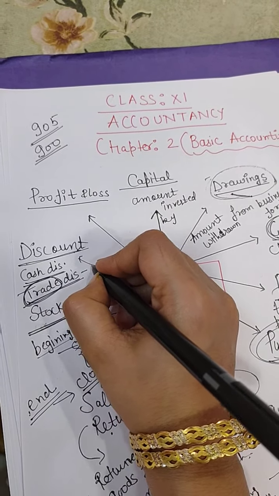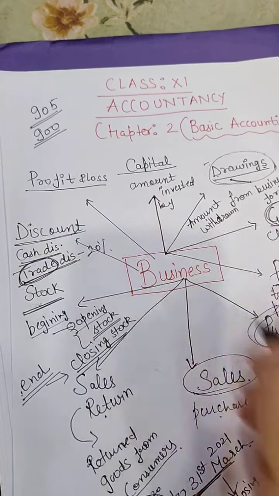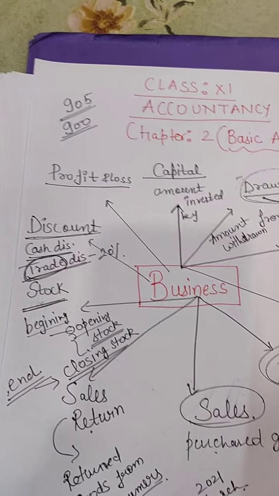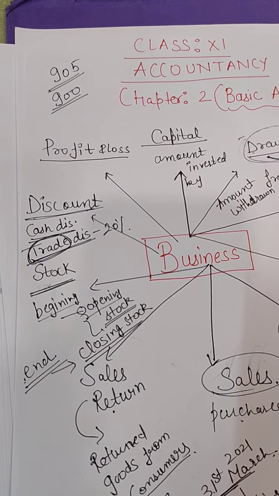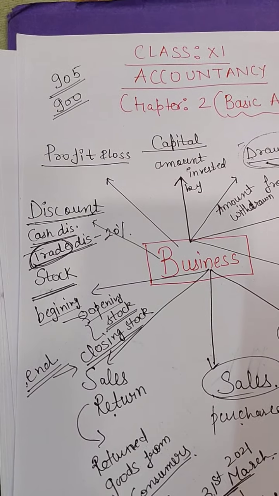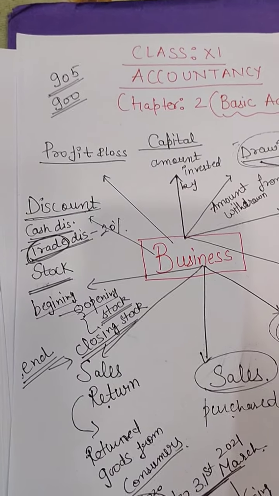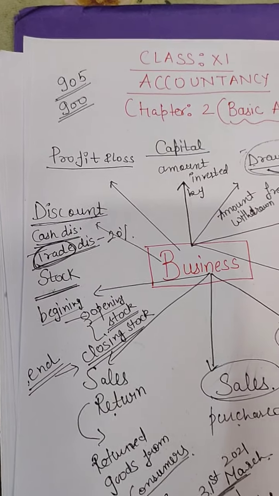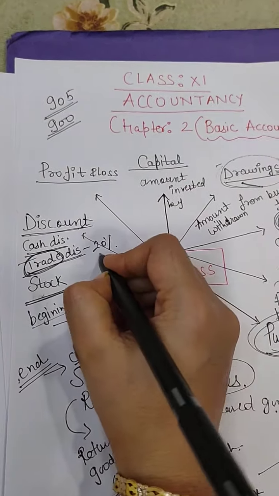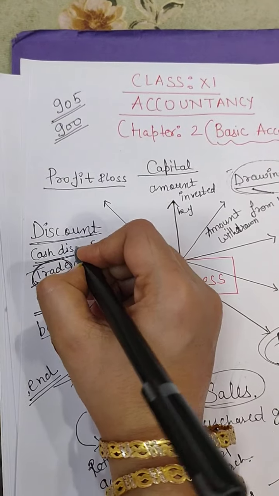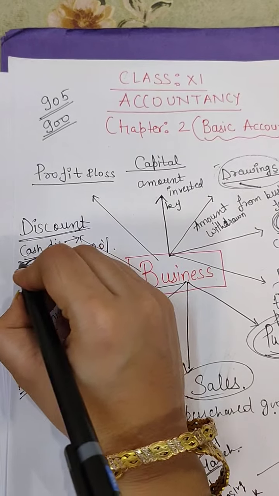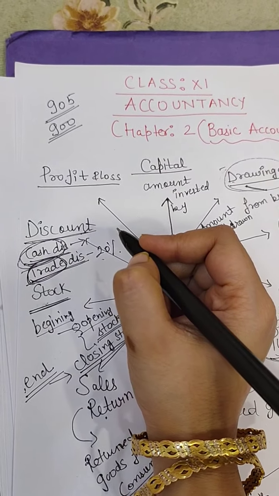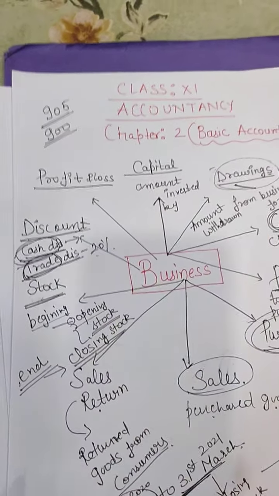That is called trade discount, that 20% flat discount, 30% flat discount when you purchase this brand's things. And after trade discount also, when you are giving the payment and you get some amount reduced, that discount is called cash discount. Clear?